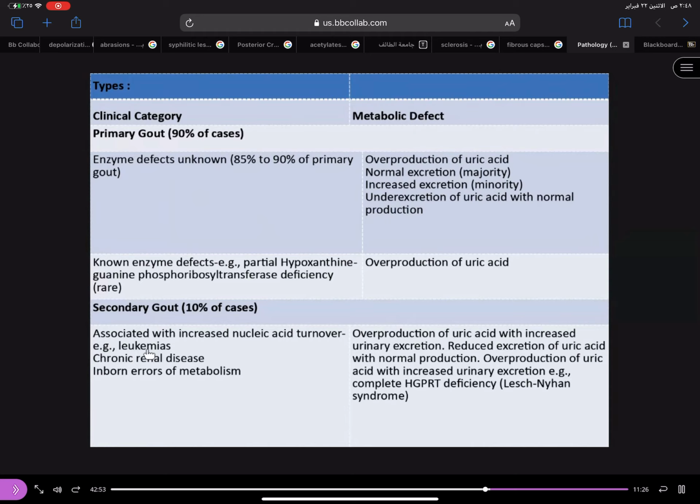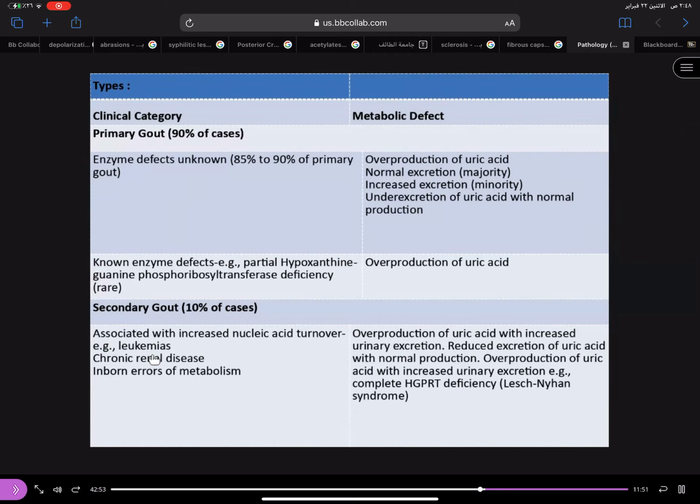So examples are leukemias. In the next, I think hematology module, you will do leukemias. These are blood cancers, the cancer of WBCs. Cancer means overproduction, so more cells are produced, more breakdown.